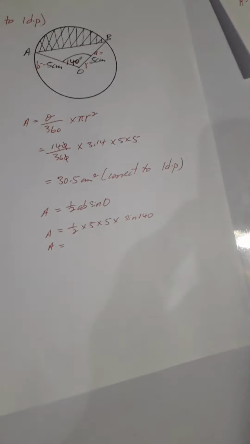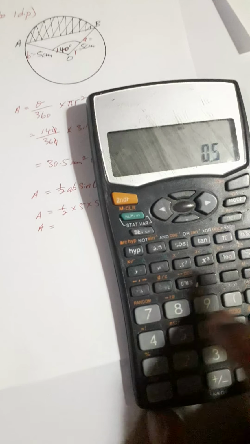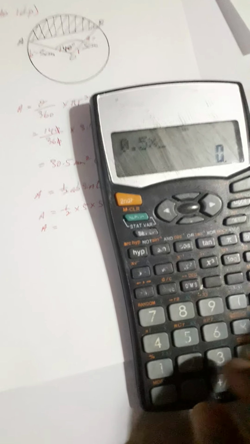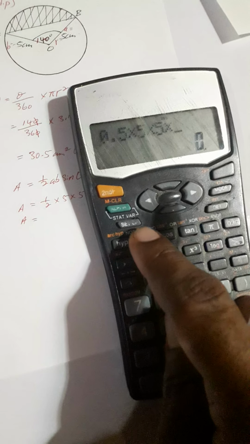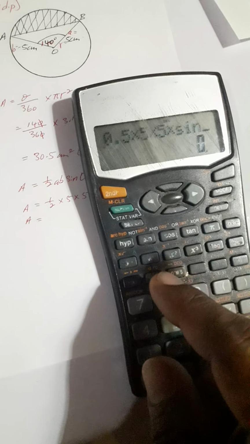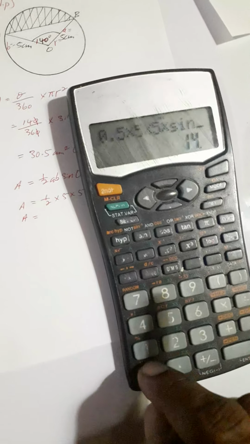Good. So now the calculator will help us get our answer. Half is 0.5 times 5 times 5 times sine 140.